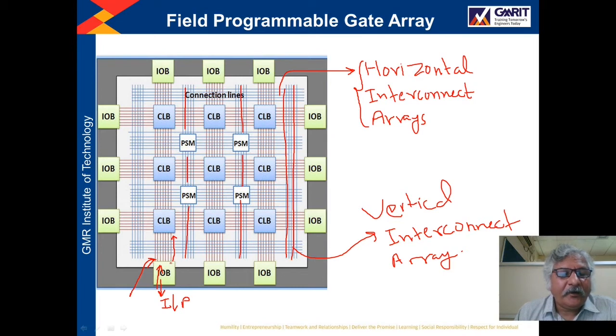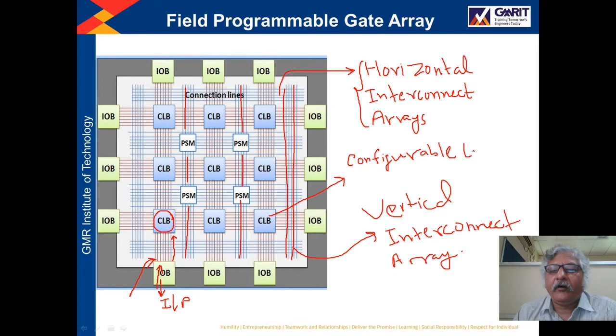In this way, this signal will move through this vertical section, and then it will reach this CLB. This CLB is a configurable logic block.